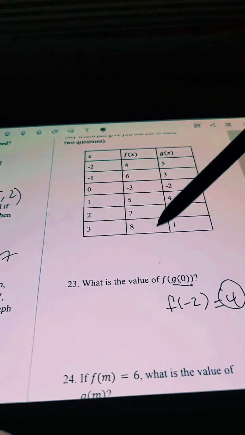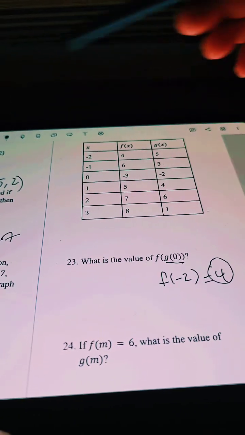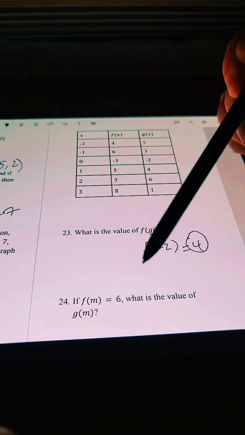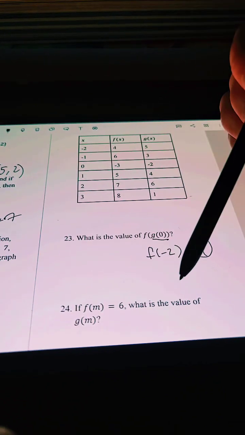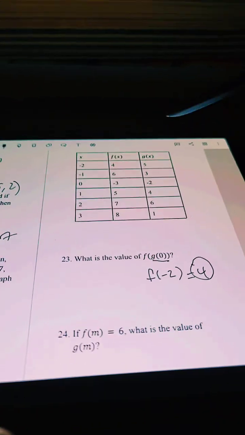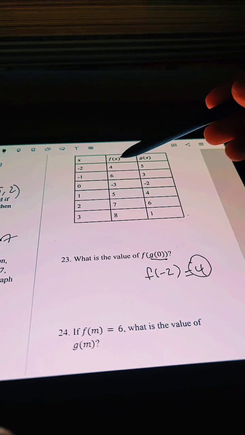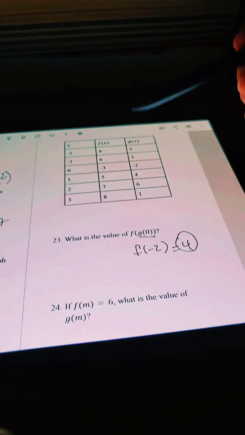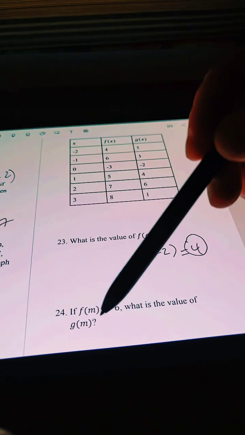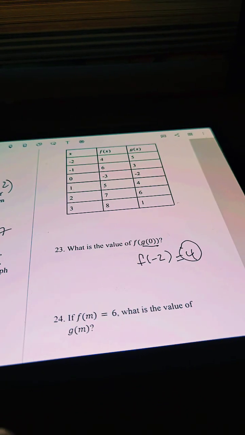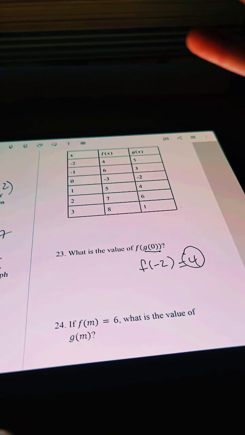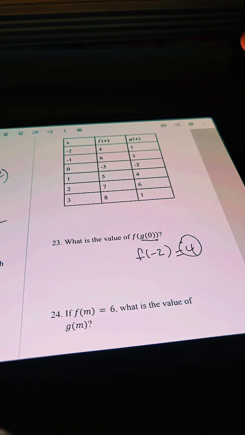Now, using the same table, let's answer number 24. If f of m is equal to 6, what is the value of g of m? Sometimes they'll replace x with a different variable, like m right there. It's the same sort of thing. It's just to confuse you.